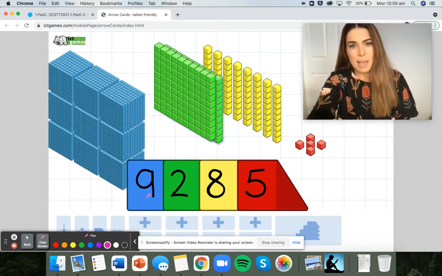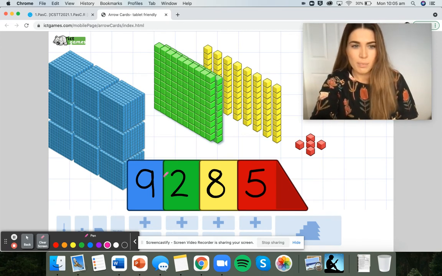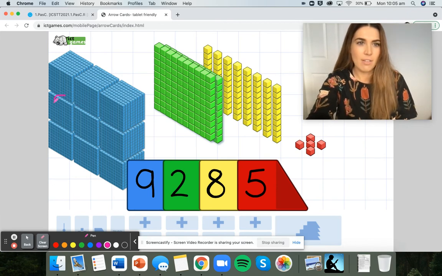If I were to expand this number into what we call expanded form and write it as a number sentence, I have 9,000. 1,000 numbers have 3 zeros.